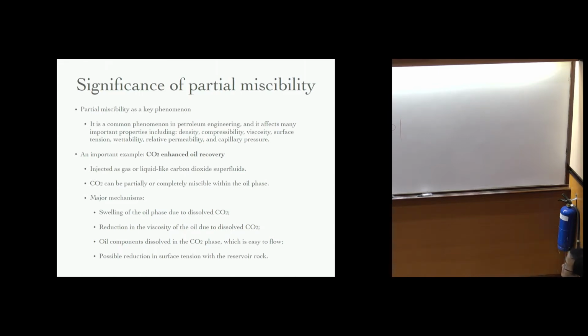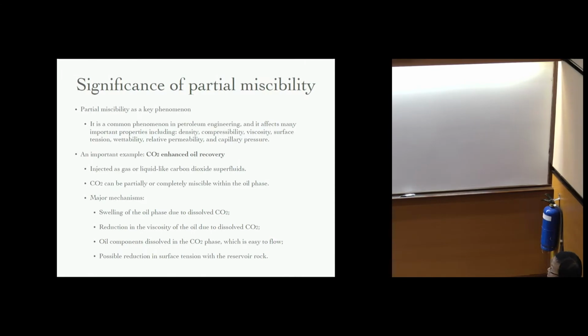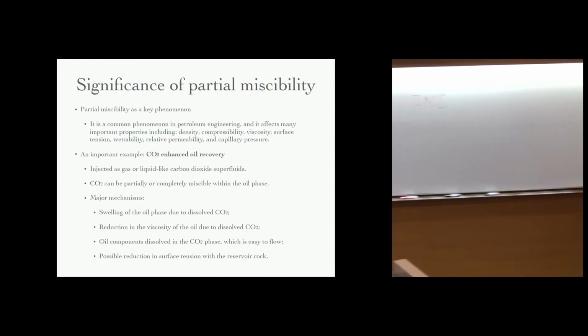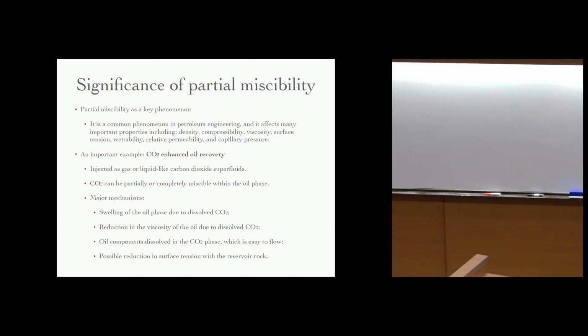The second mechanism is that the viscosity of the oil phase might be reduced significantly because of the dissolved CO2 component in the oil phase, and that also makes flooding or recovery of the oil phase from the reservoir easier.